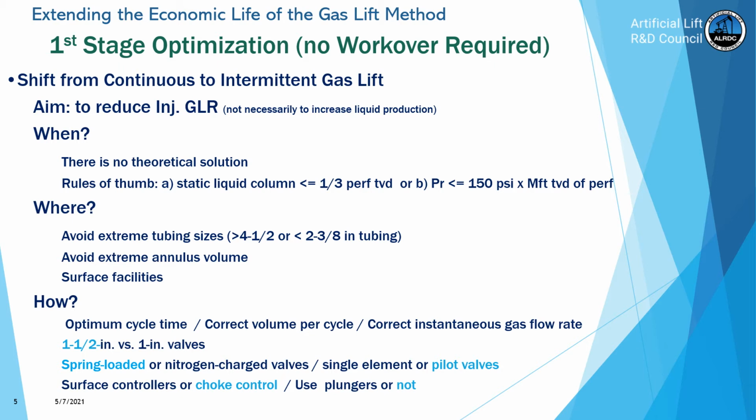I forgot to mention something about the pilot valve. Many people think that if you install an intermitter, you can just get by with a single-element valve. Some people have even told me, why not use an intermitter and an orifice valve?